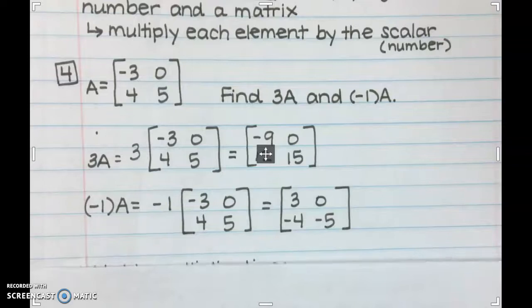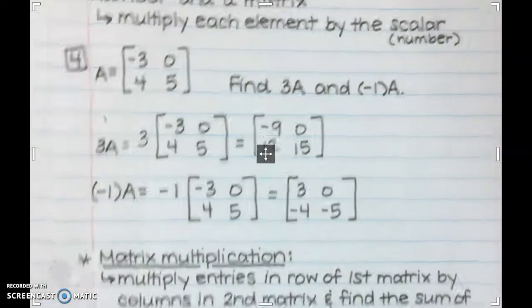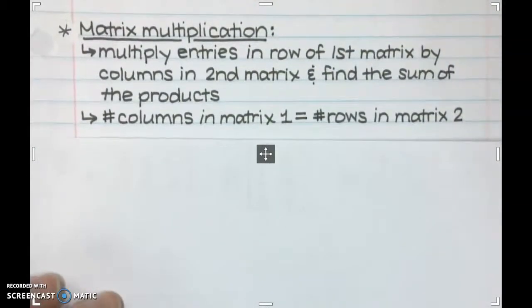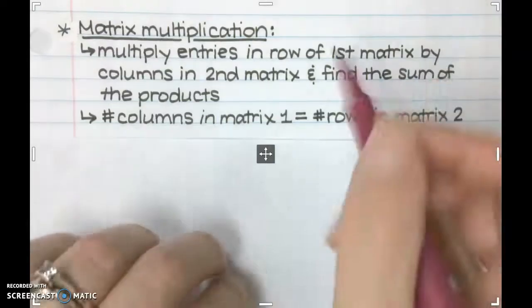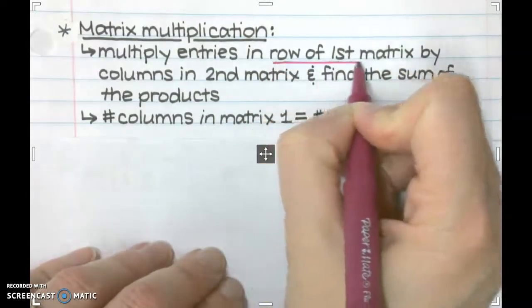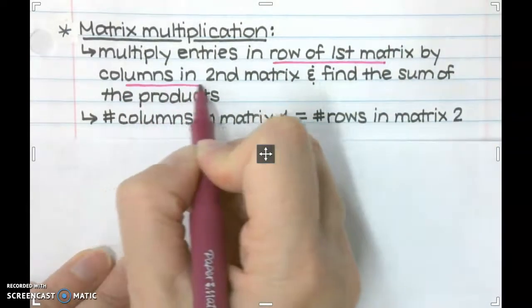Now multiplying two matrices together gets to be a little bit more complicated. Let's talk about matrix multiplication. When we perform multiplication with two matrices, we're going to multiply the entries in the row of the first matrix by the column in the second matrix. So we're looking at rows in the first, columns in the second.